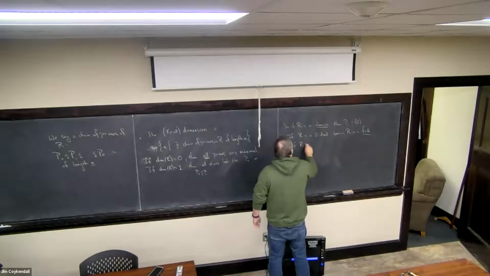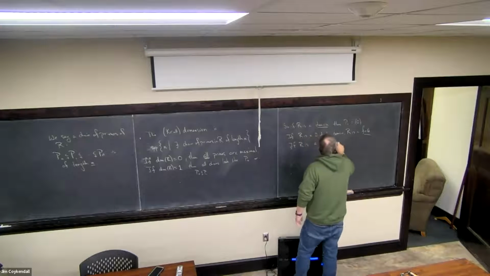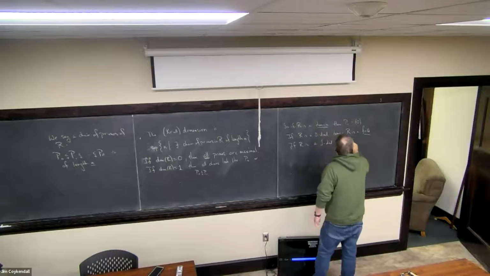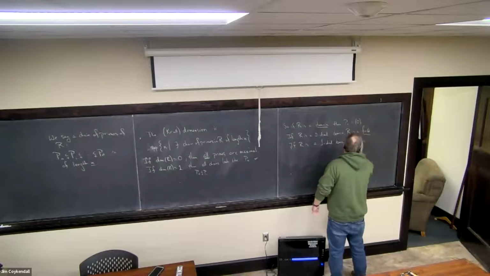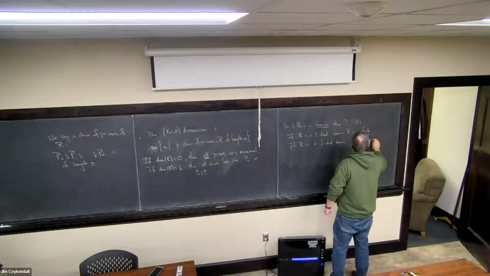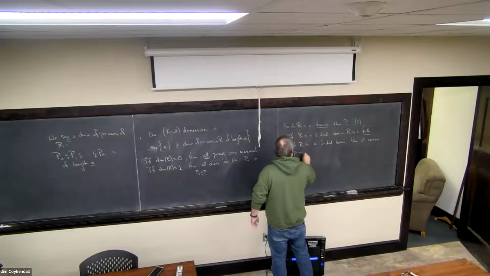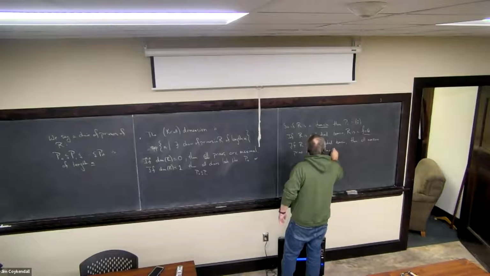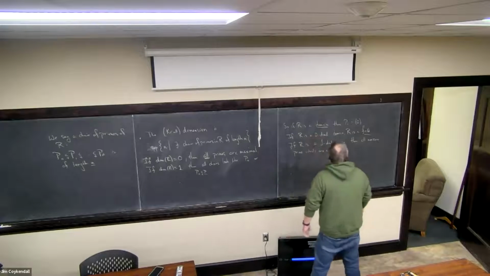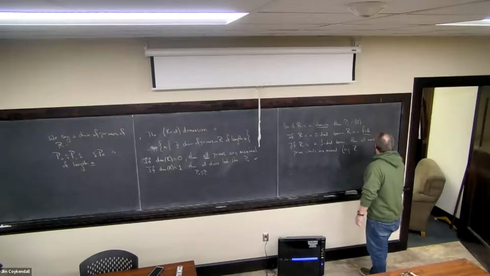If R is a 1-dimensional domain, then all non-zero prime ideals are maximal. For example, Z, where your primes look like this.